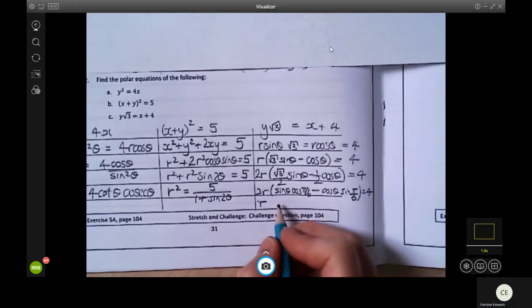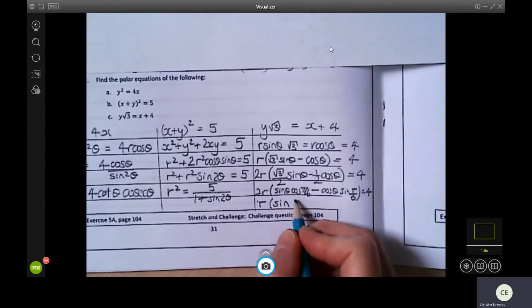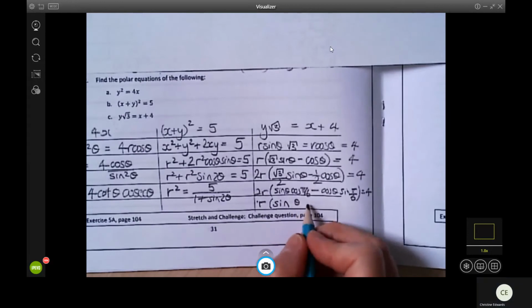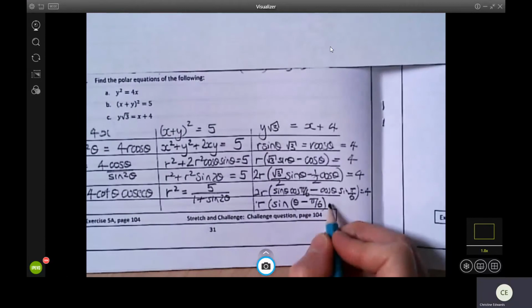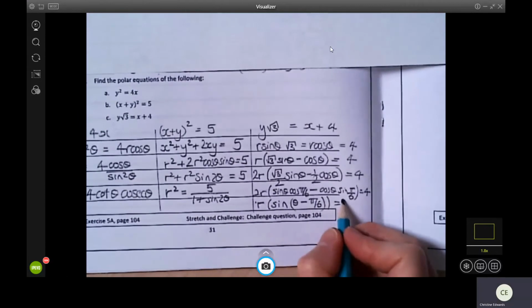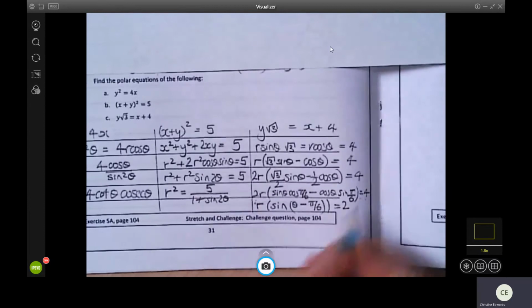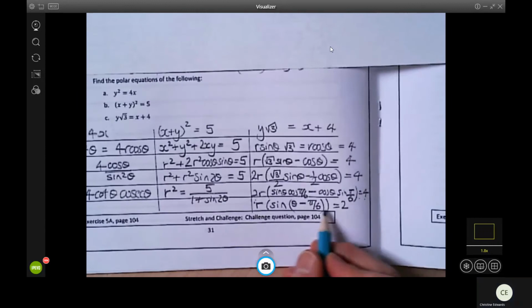That allows me to reverse my addition formulae and gives me sine of theta minus pi over 6 equals, and it's going to be a 2 because I'm going to cancel the 2 and the 4 as well. So there we have the equation.